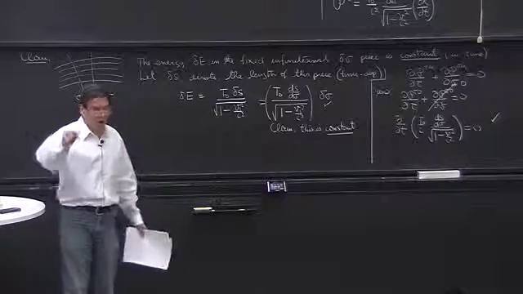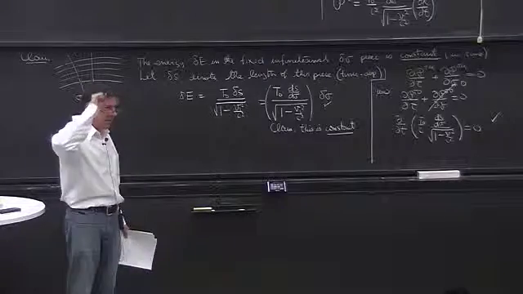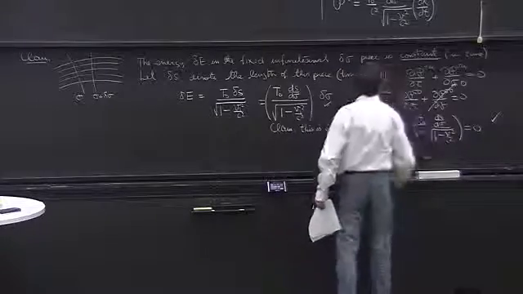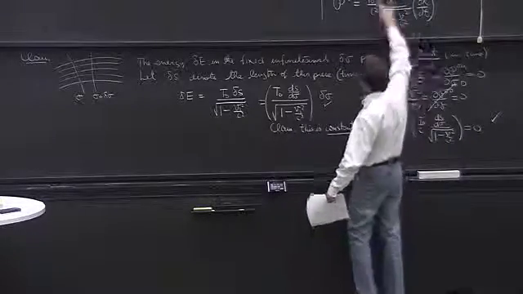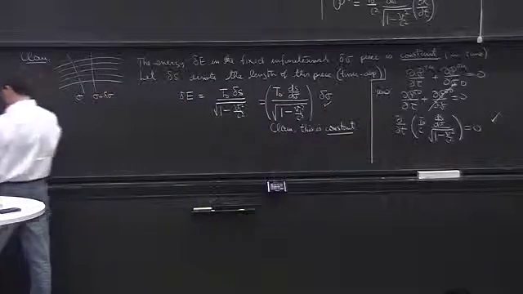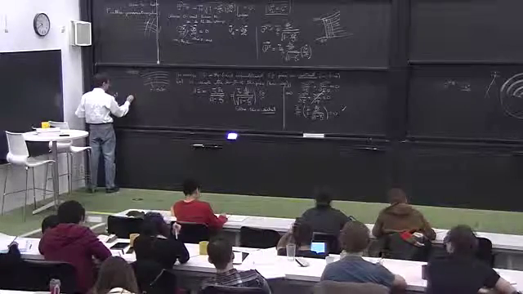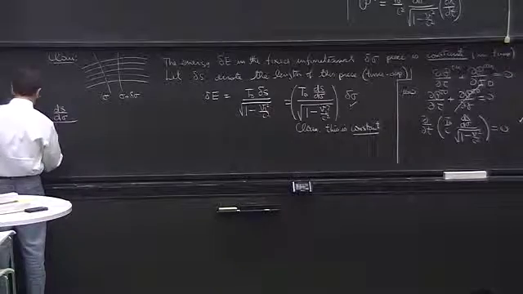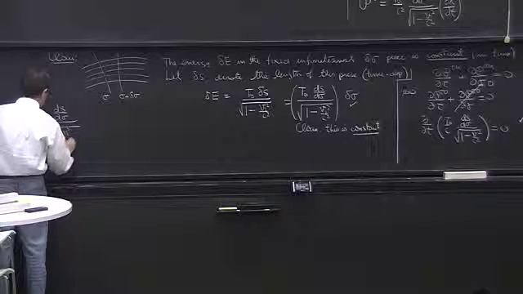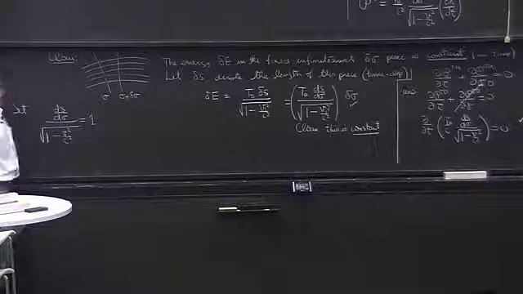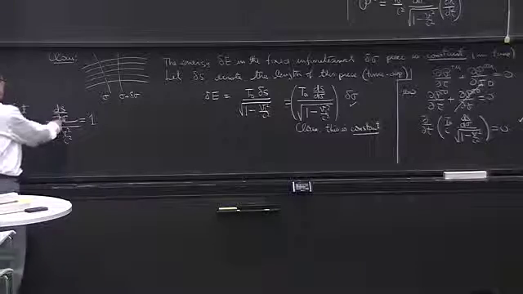We've almost gone to the end of the road in being clever with the parameterization. I just need to unpack what I'm going to do with this. This is supposed to be a number. So what I'm going to do is set ds d sigma over the square root of 1 minus v squared over c squared equal to 1. Maybe it's not 1, but if it's not 1, change the scale of sigma.